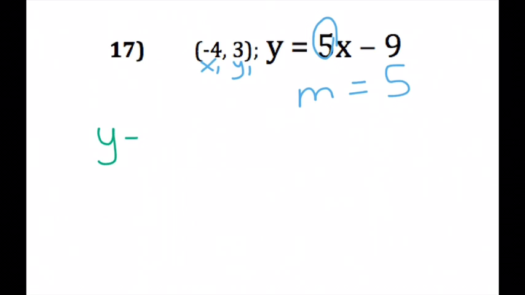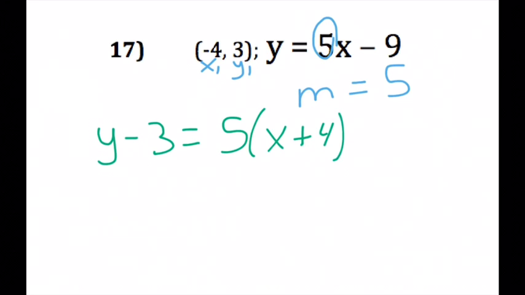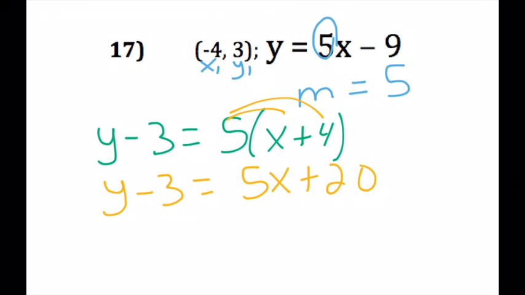So y subtract 3 equals 5 times x minus a negative 4, which is x plus 4. Now we want to distribute our 5 through. So y subtract 3 equals 5x plus 20.